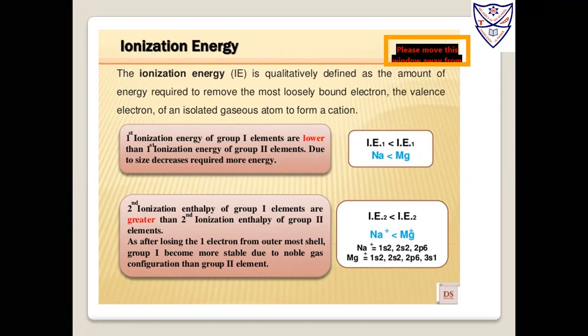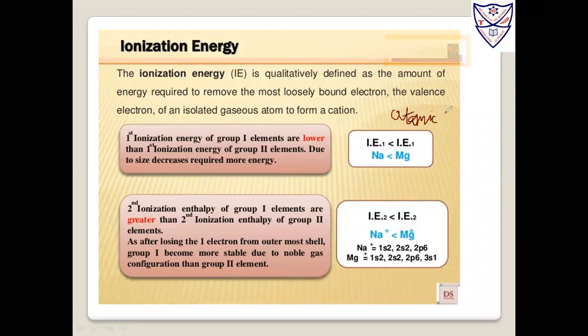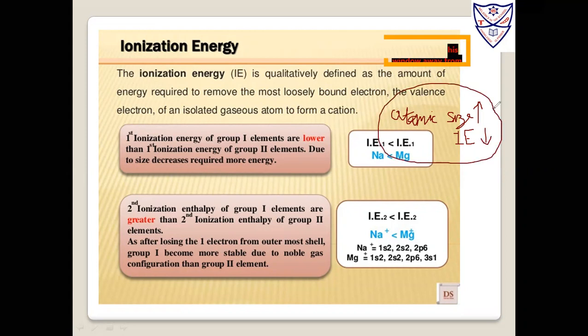So we can write here: as atomic size increases, ionization enthalpy decreases. Okay, so just remember this one. As atomic size increases, ionization enthalpy decreases.